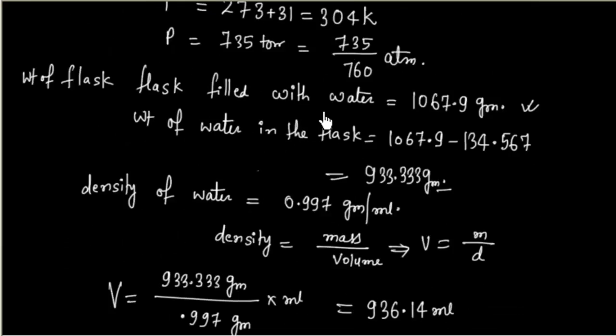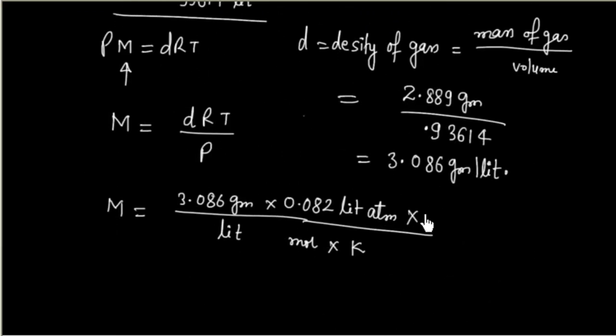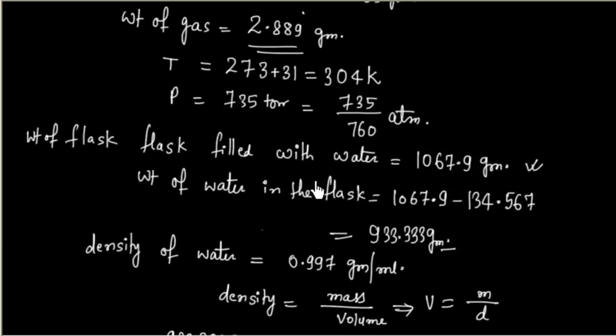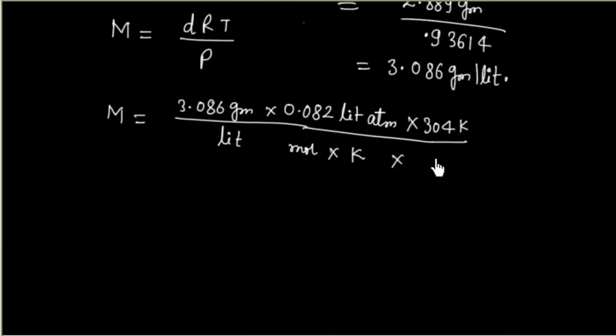Temperature we have 304 Kelvin, and this is divided by pressure, which we have written as 735 by 760, in atmospheres. So atmosphere cancels, liter cancels, and Kelvin also cancels.